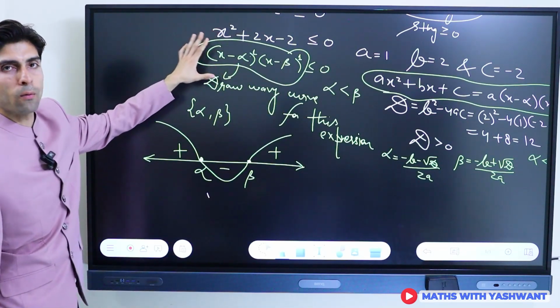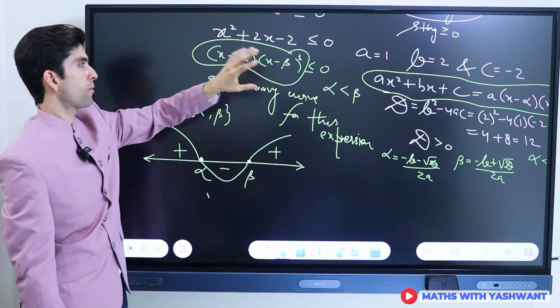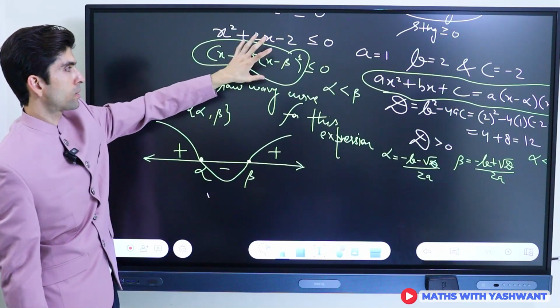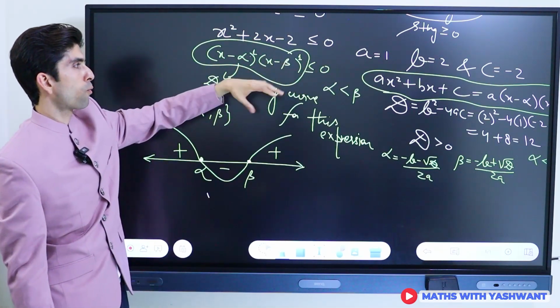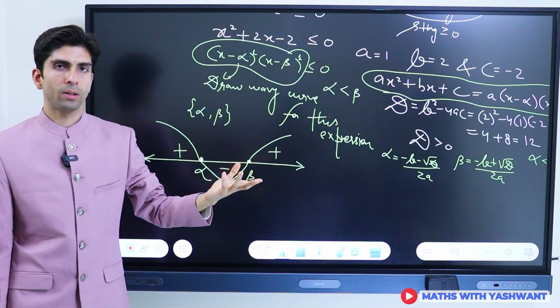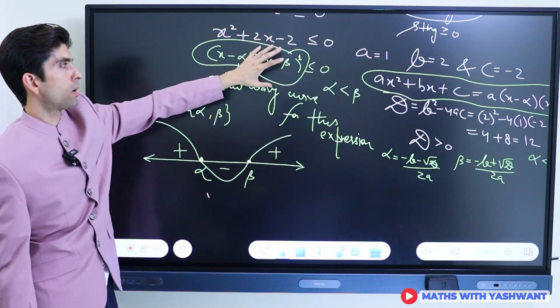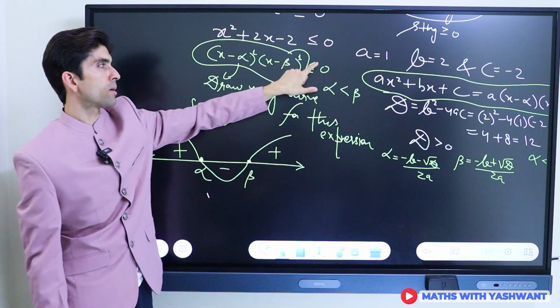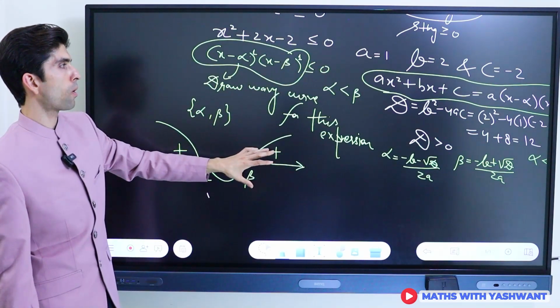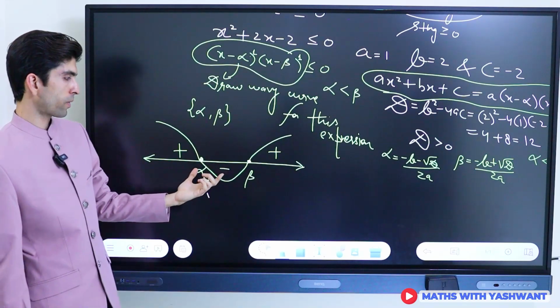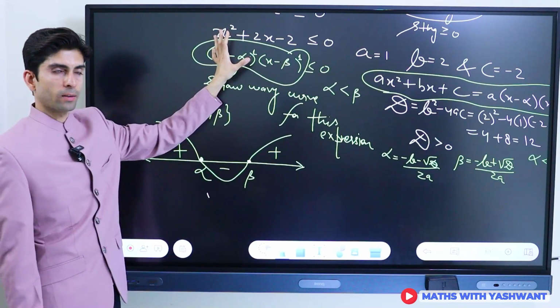Now what is our requirement as per this inequality? We want that this expression is negative or it's 0. So we are interested in those values of the variable for which this expression is either negative or 0.